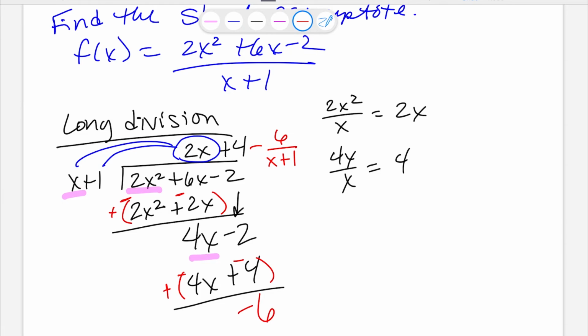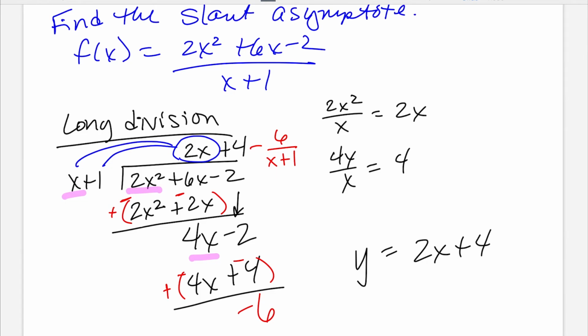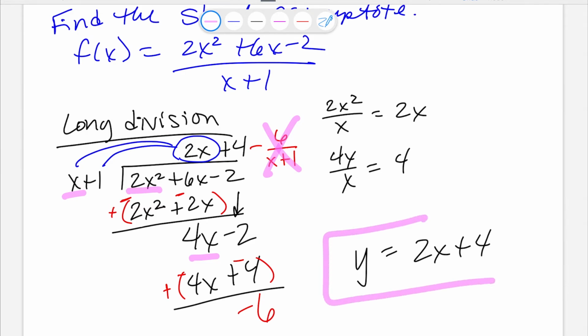So using long division here, we can see that this is y is equal to 2x plus 4. When you have a slant asymptote, you do not use the remainder because it's a line, right? It's that slant asymptote, it's that line. So you're always just looking at the actual line that goes with it.